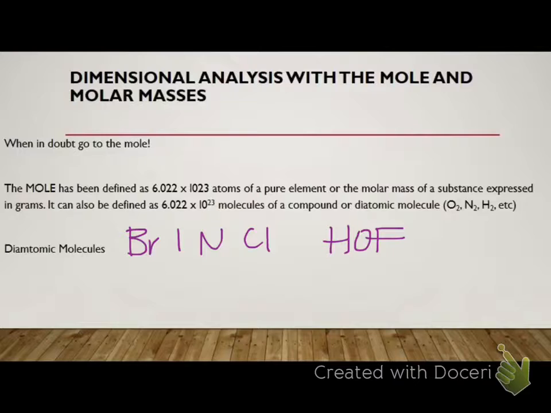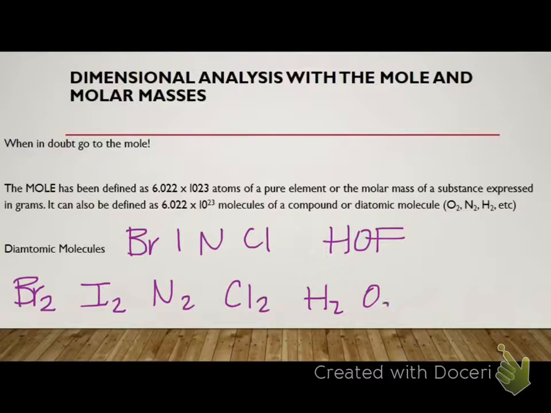What that means is that when they are by themselves in nature, they exist like that: Br2, iodine, nitrogen, chlorine, hydrogen, oxygen, and fluorine. They cannot exist by themselves as just one atom. They exist as a diatomic molecule.